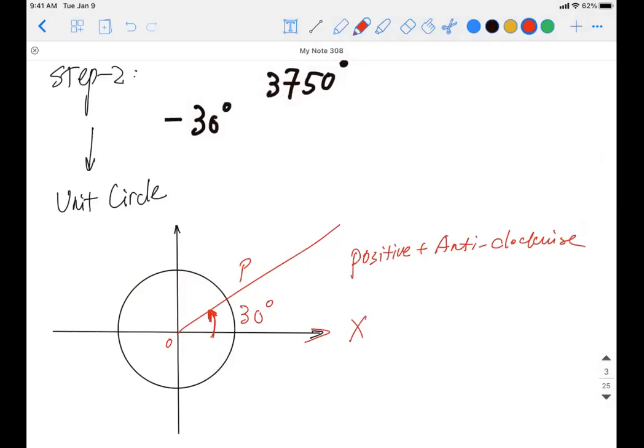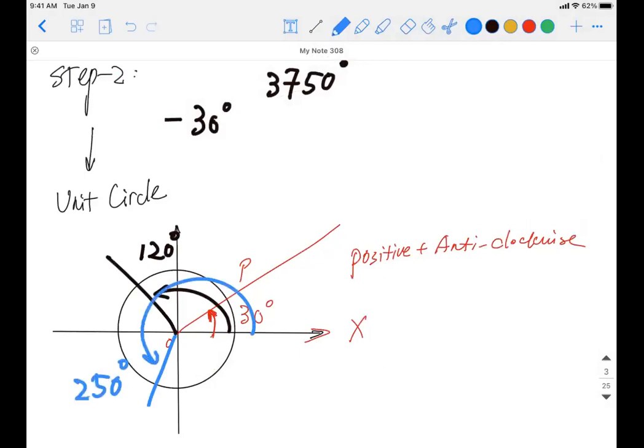If that's the case, people's understanding of angles can be somewhat expanded. For instance, if my angle is here, this is 30 degrees. If my angle is here, this can be maybe 120 degrees. If my angle comes to here, this can be maybe 250 degrees.